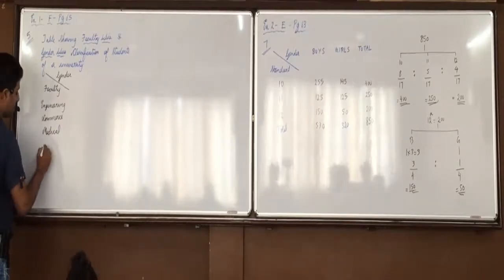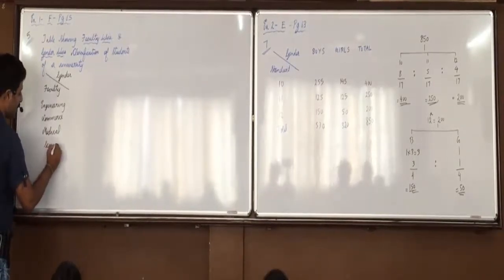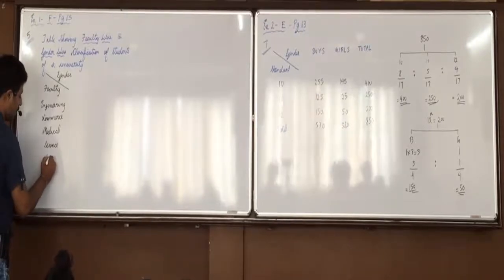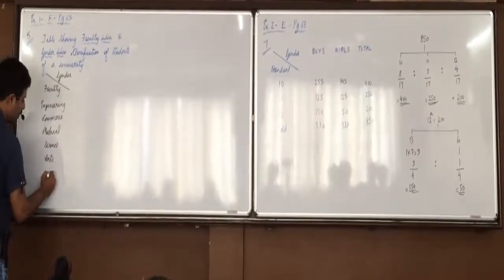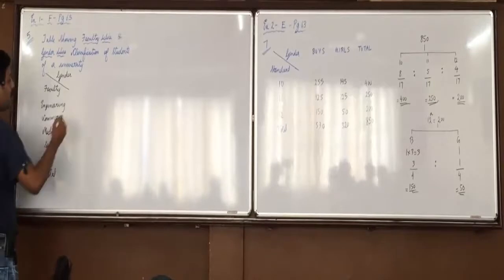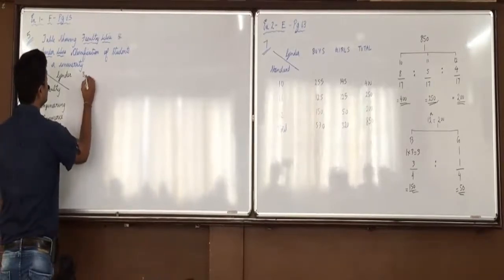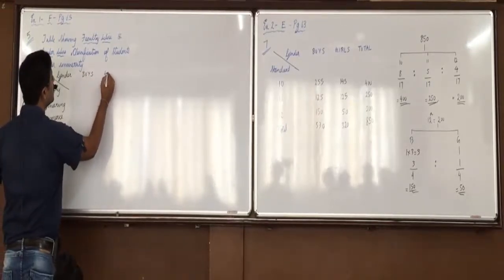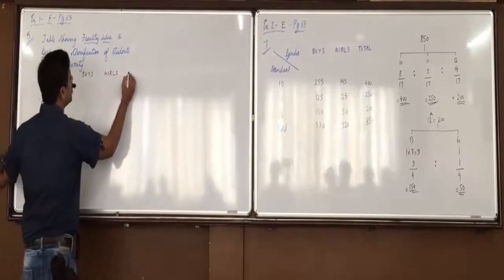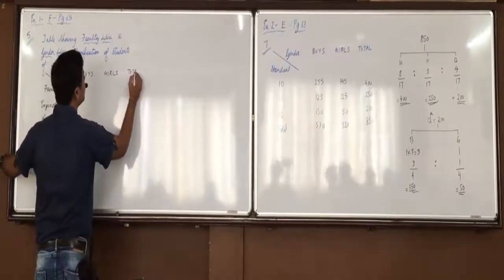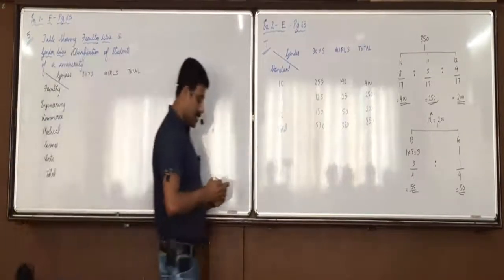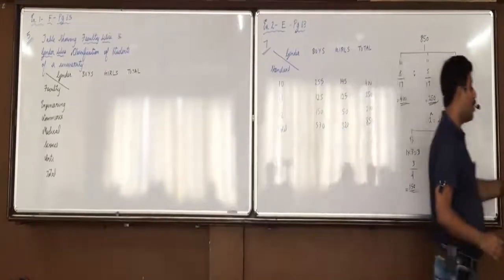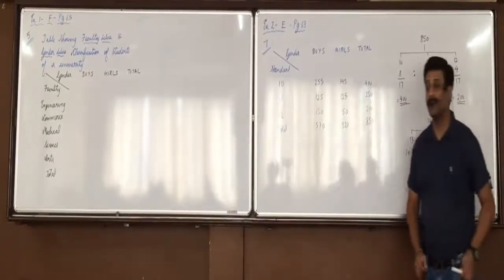After medical, this science, right? And next line we have seen arts and total. Every attribute will have its own total. Gender, boys, girls, total. Any confusions? All of you are clear with the structure of the table?